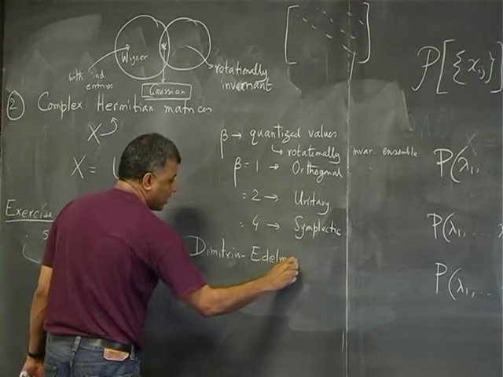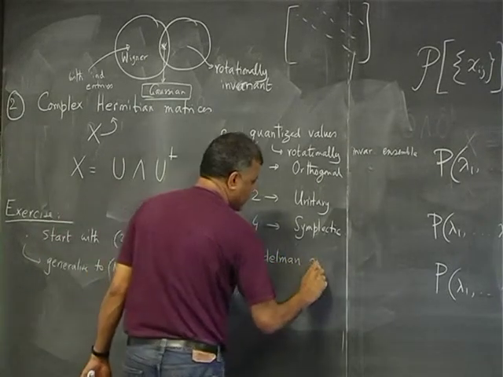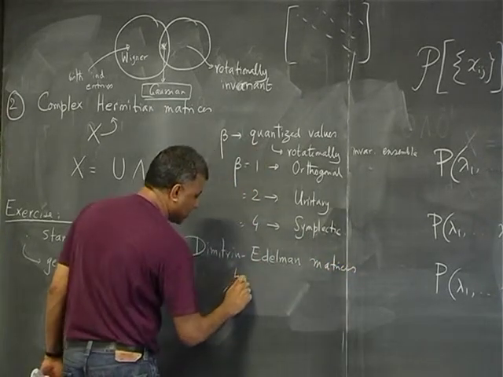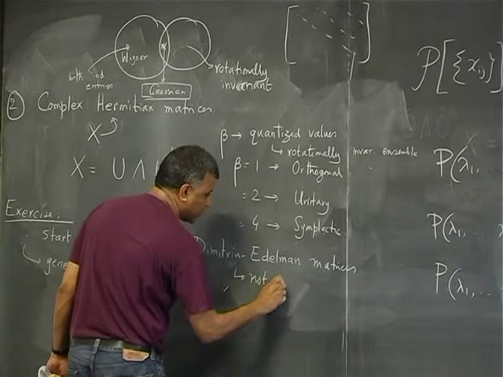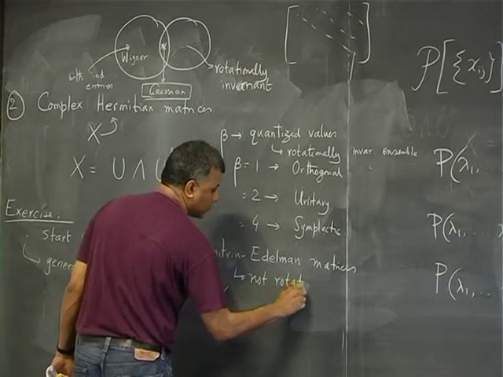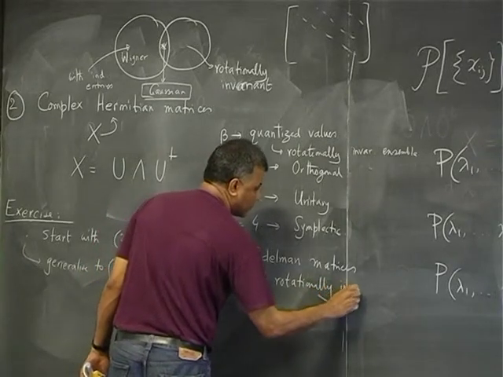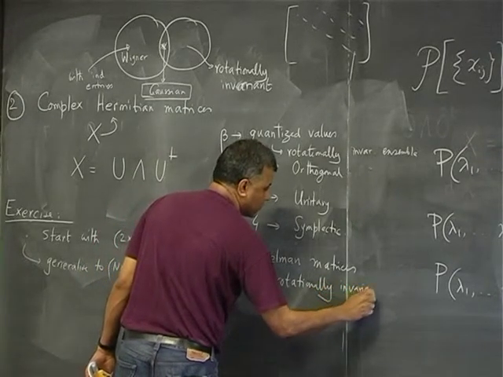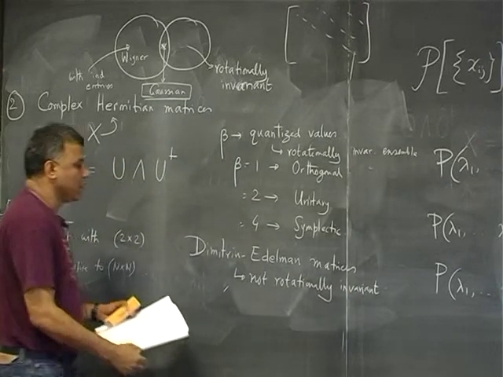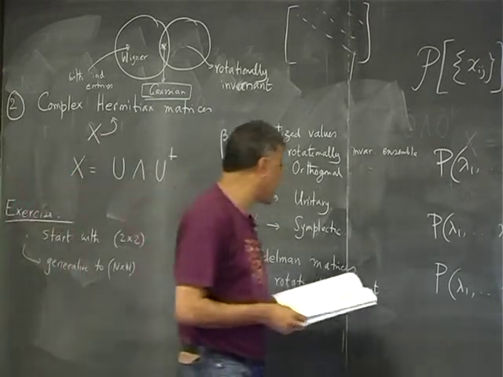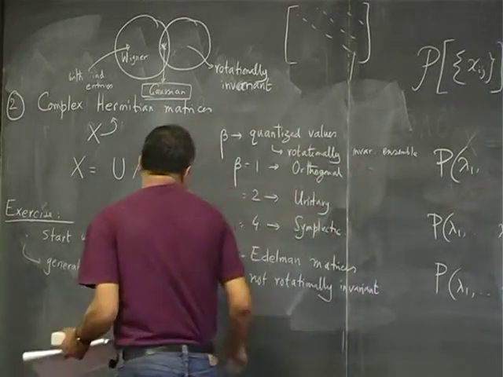These are not rotationally invariant. This is a very special type of random matrices, and it turns out to be a very difficult thing.